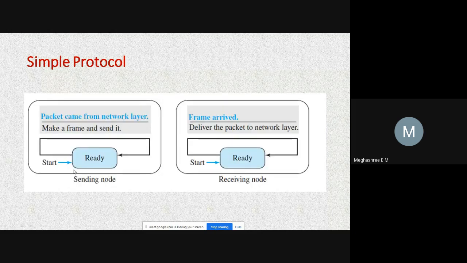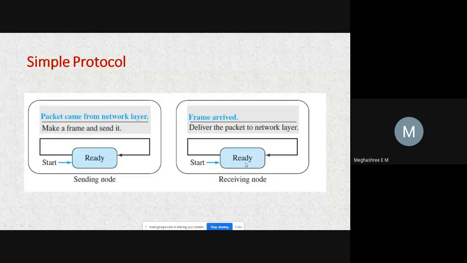So consider this is the sending node and this is the receiving node. The sending node will be in the ready state, as soon as it receives the packet from the network layer. Once the sending node receives the packet from the network layer, it will be changed into a frame and it will send it over the network or the transmission link.